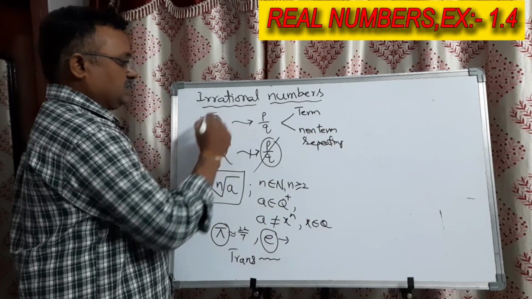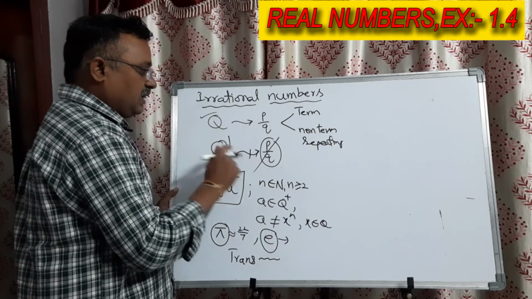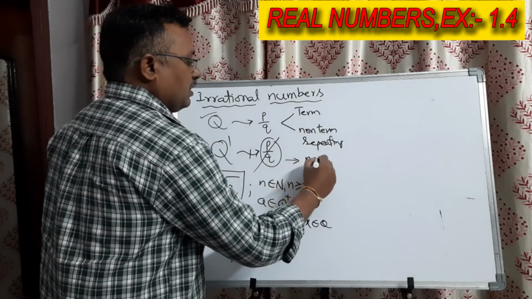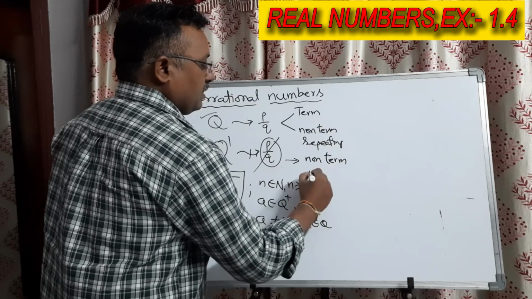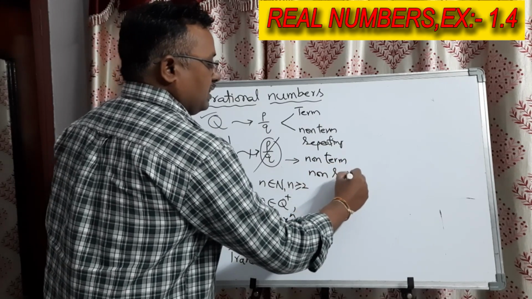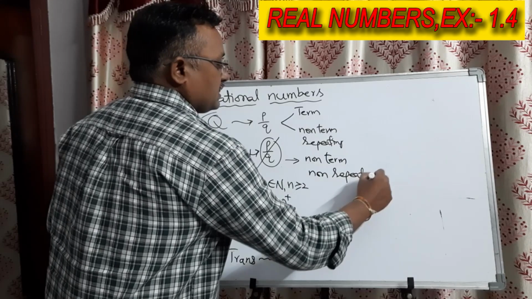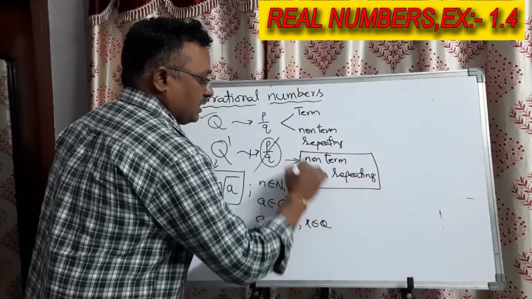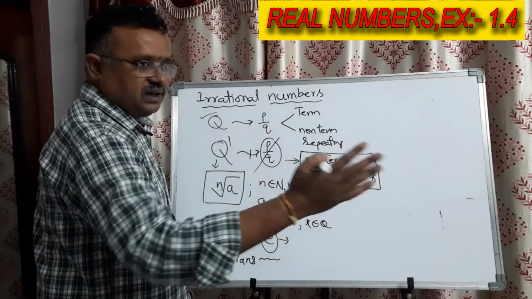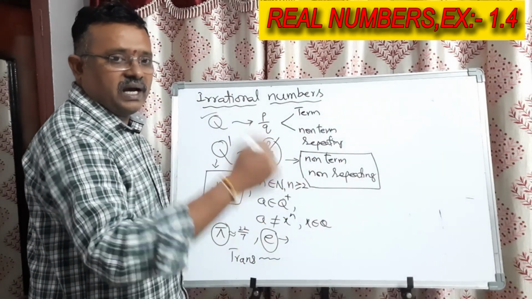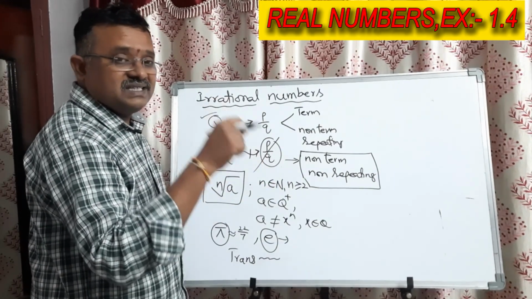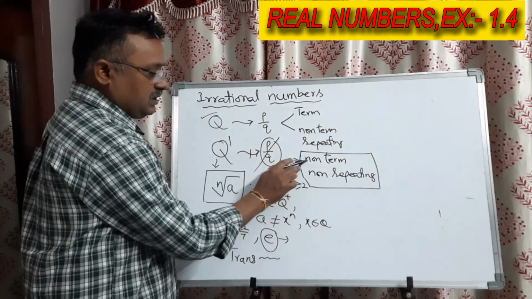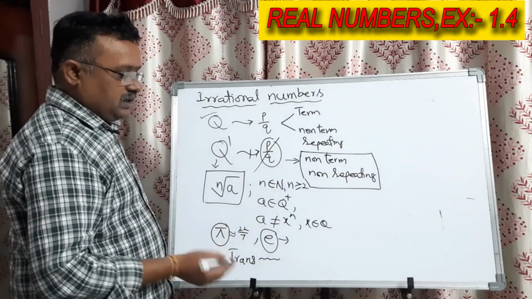So irrational numbers in decimal form are non-terminating, non-recurring, meaning non-repeating. The decimals do not end, and the digits in the decimal part do not repeat. That's why non-terminating, non-repeating. Is that clear?